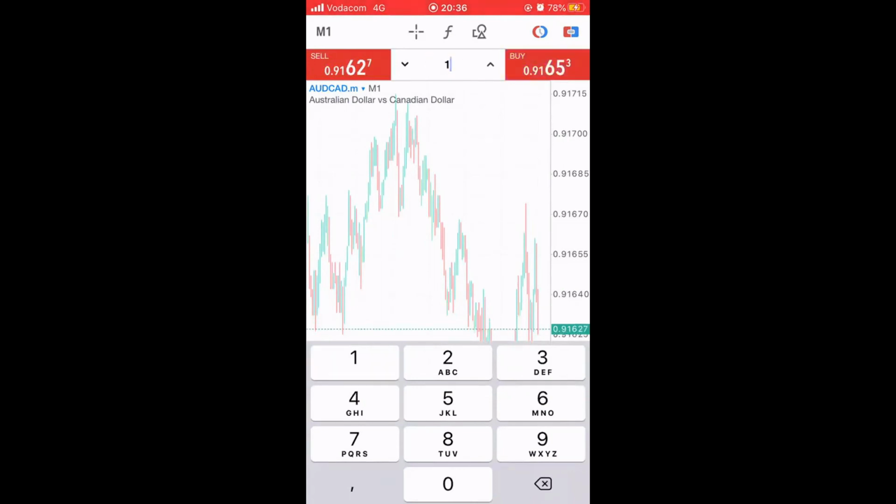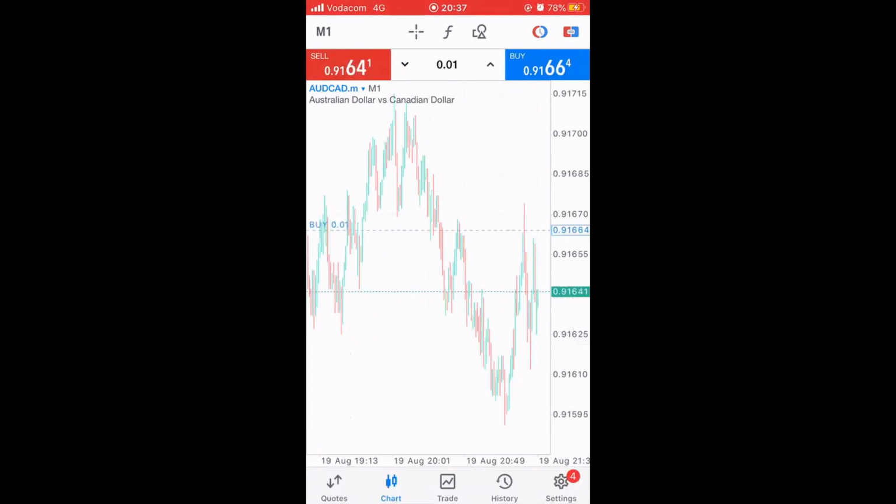For a micro lot, mini lot, and everything, it's just the volume. How much are you buying. That's what you're setting up there. So I click buy. I'm in a buy position, right? But this is instant. It does not show where I can set the stop loss.